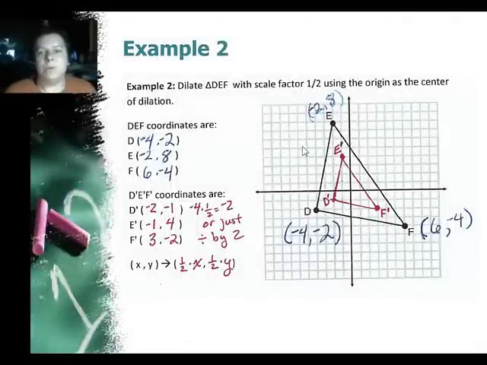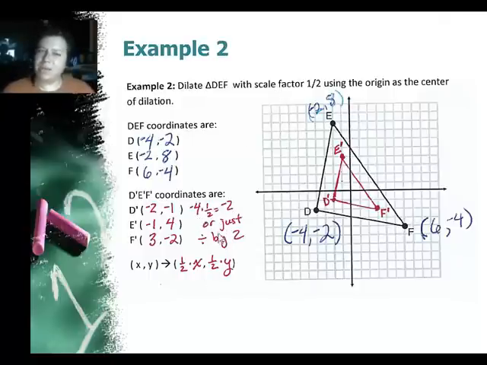In example 2, it's another triangle, and I wrote down the coordinates. D is (-4, -2), F is (6, -4), and E is (-2, 8). My scale factor is a half, and you can multiply by a half. -4 times a half is -2.